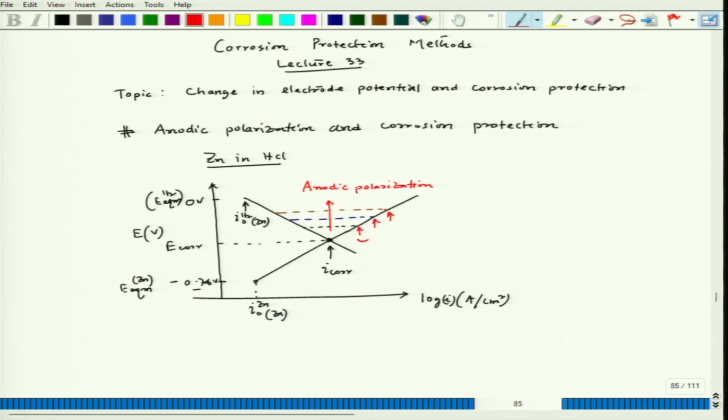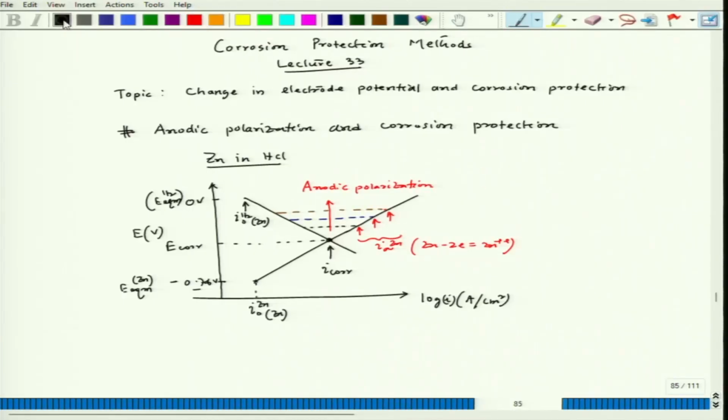These are all IA of zinc, corresponding to Zn minus 2 electrons equals Zn2+. Zinc keeps increasing its dissolution rate, and we have greater and greater amounts of zinc dissolution. So we cannot have any protection. The corrosion rate cannot be reduced.